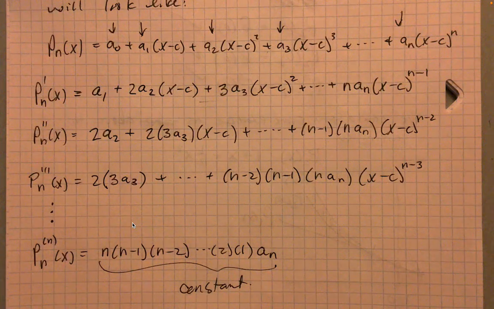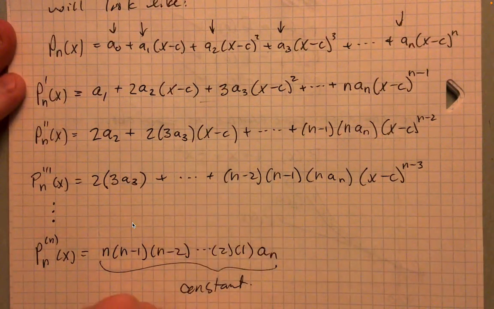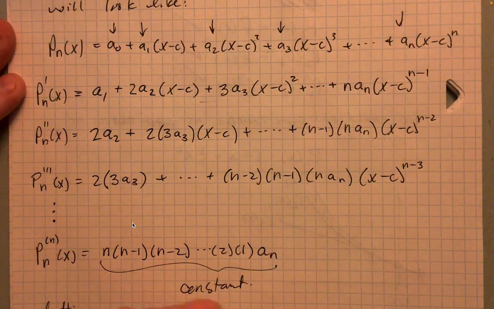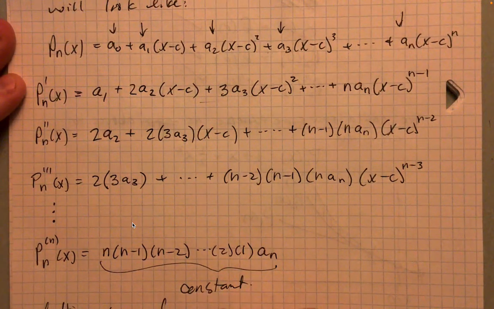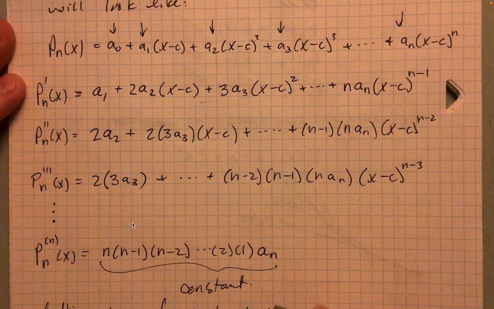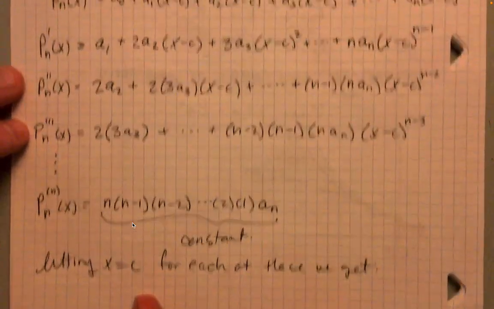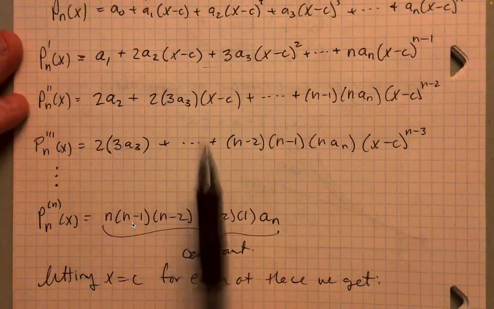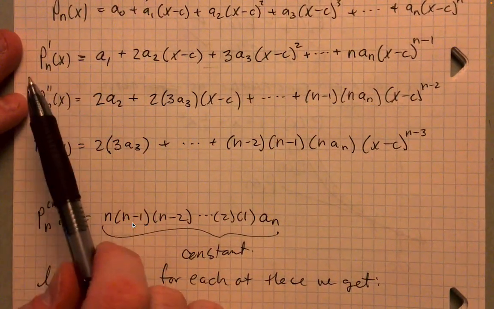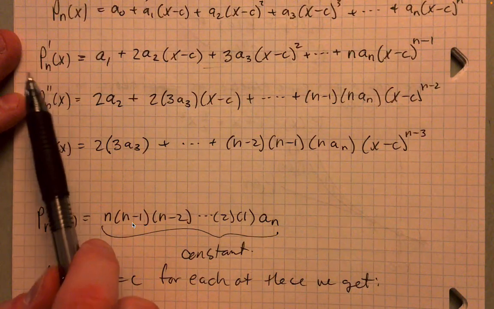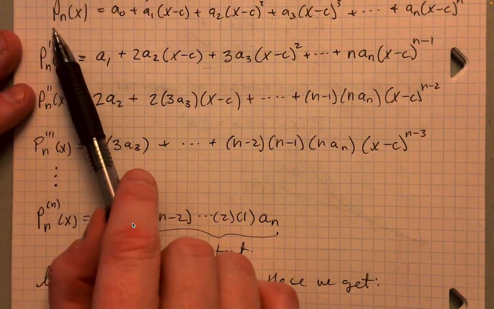Now what happens when we let x equal c for each of these? Well, let's look at the function itself first.